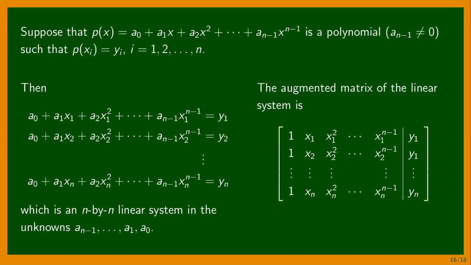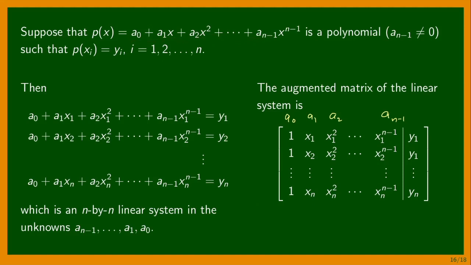Ito yung column that corresponds to a0, a1, a2, an. Ito yung mga column of constants yung nasa dulo. Mali. A n minus 1. Because we just want a polynomial of degree n minus 1, right?